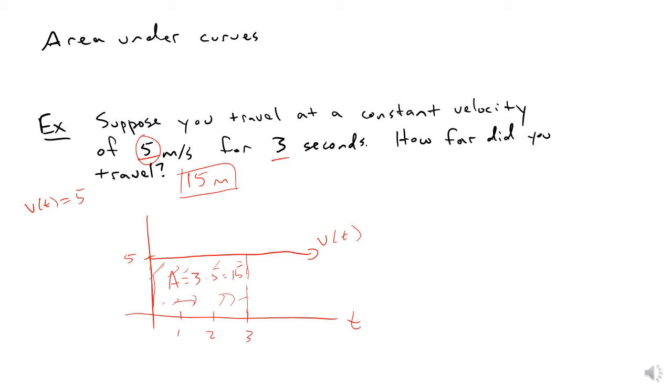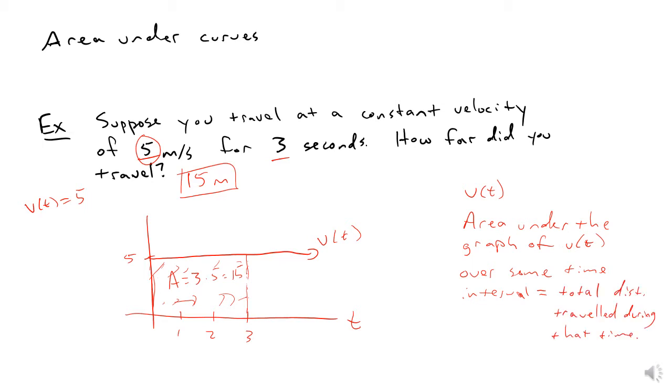All right, so we can kind of generalize this. If I have some function v of t, if I look at the area under the curve over some time interval, that area is going to equal my total distance traveled during that time.